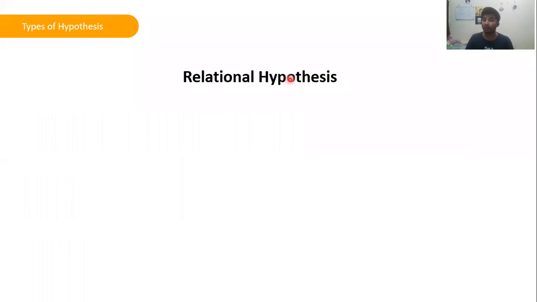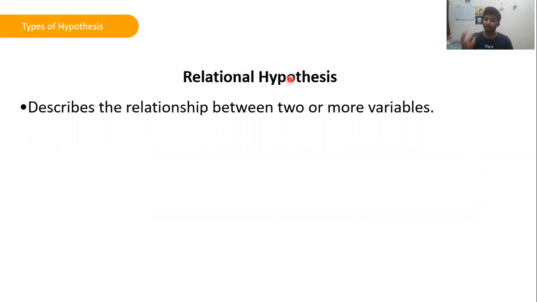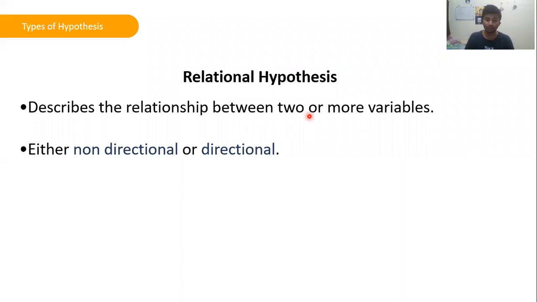Next we come to the relational hypothesis. Everything is in the name. It describes the relationship between two or more variables, right? Whatever hypothesis you have framed, it might have more than one variable. So this kind of hypothesis will tell whether there is a relation between these two or not, and it could either be non-directional or directional.